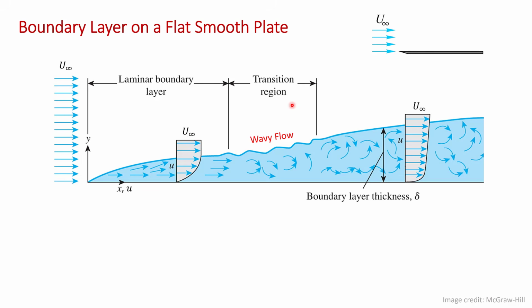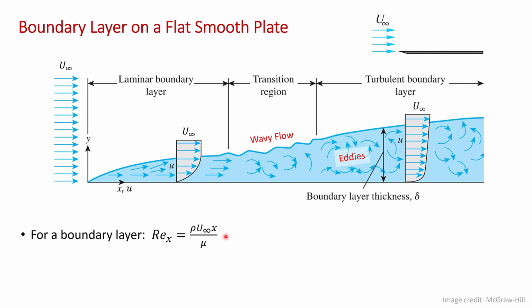So you get this transition region where the waviness of the flow grows. These waves get amplified as they move downstream, and eventually you get a fully turbulent boundary layer. So the flow becomes unsteady and consists of chaotic vortices and eddies. As shown in the sketch, the thickness of the boundary layer grows more quickly in the turbulent regime.